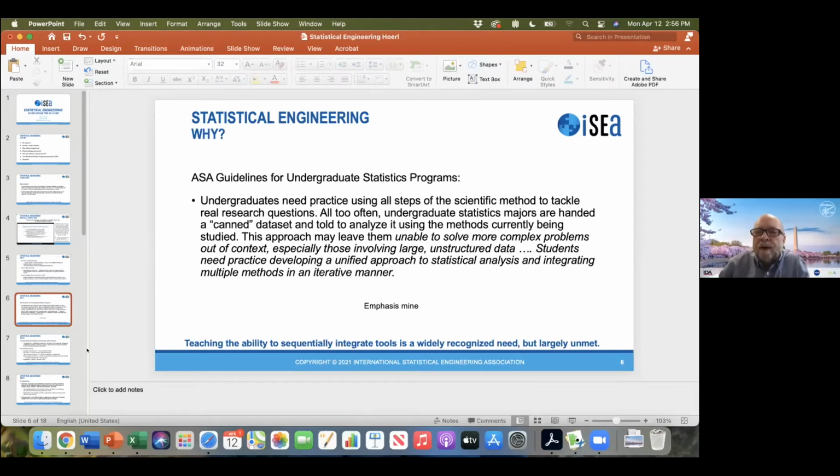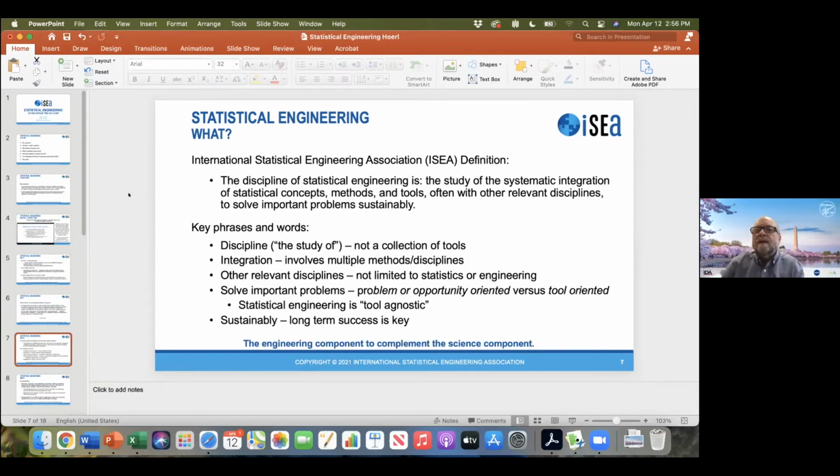So I'd argue that teaching students how to do this is a recognized need, but it's largely unmet. Hence, in my view, a lot of the people that have been trained in statistical methods don't really see how they can link and integrate the methods.